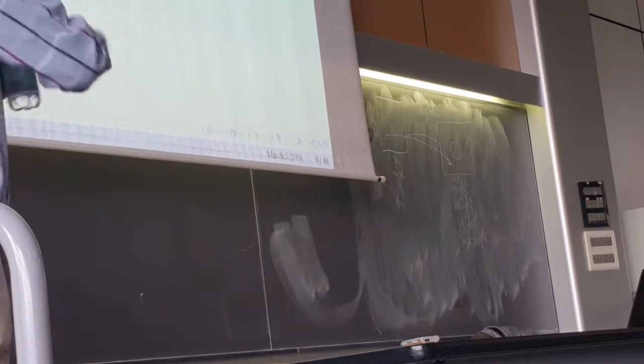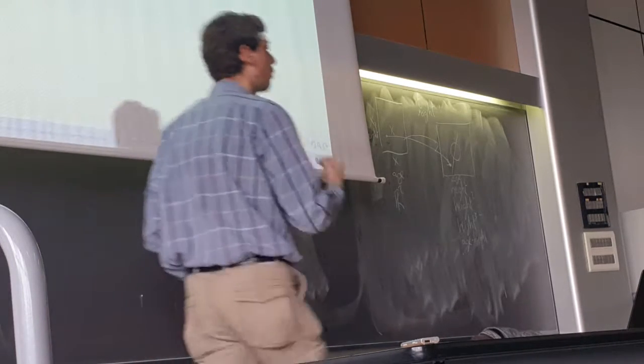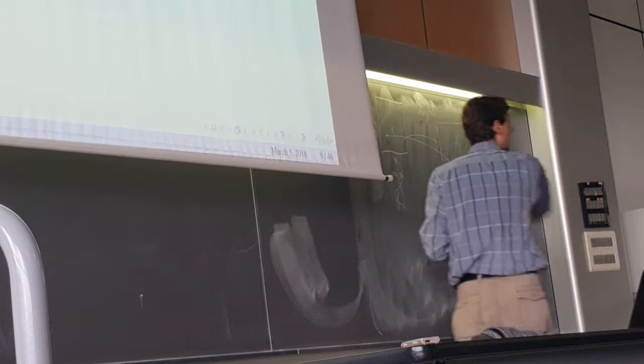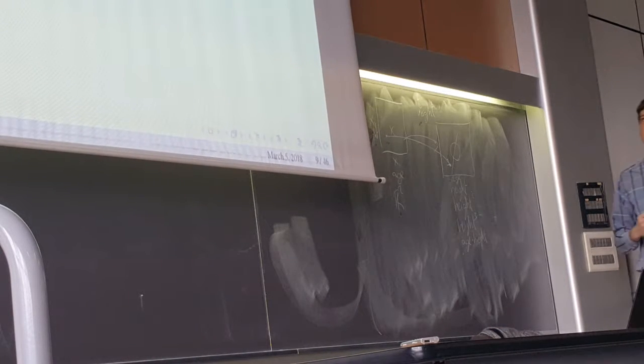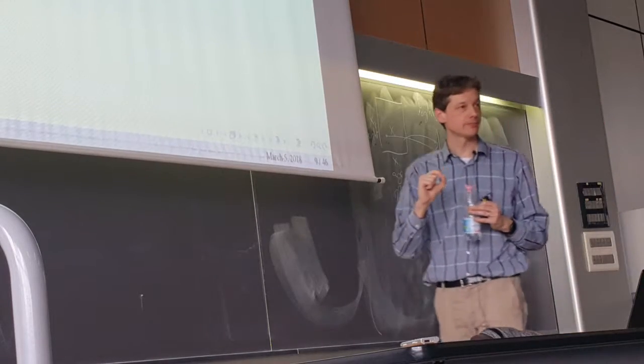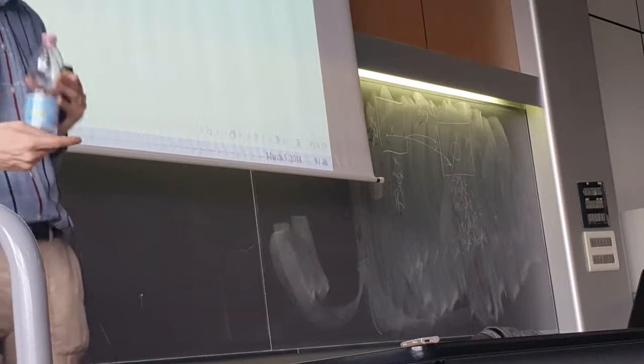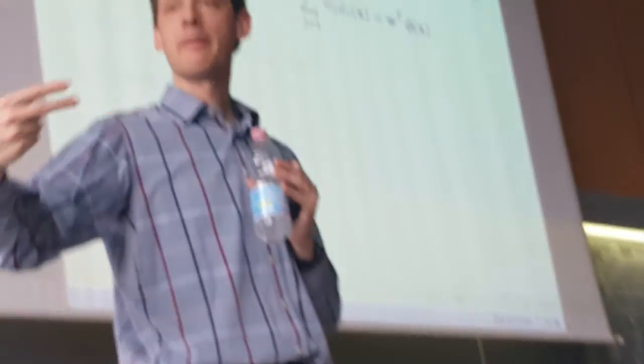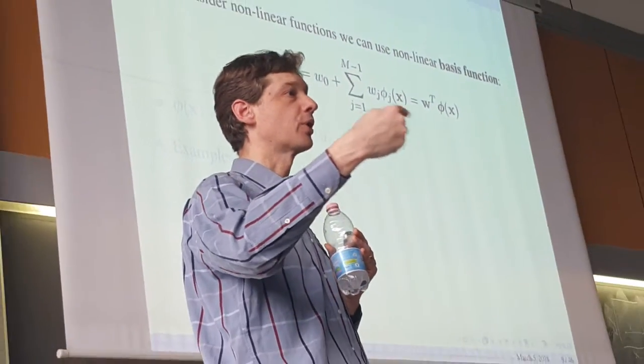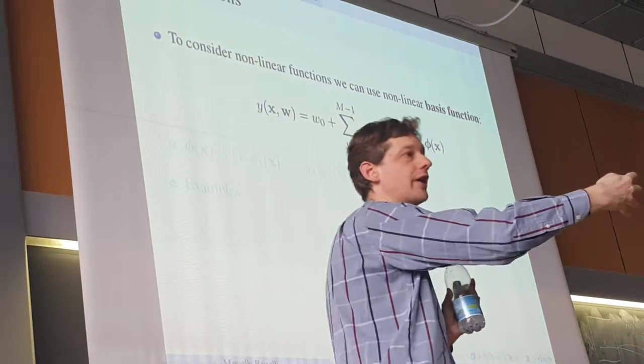So you want to build features that are related to what? To the target variable weight. So actually, phi is a function that takes, in this case, as input a 2-dimensional vector and produces as output a 5-dimensional vector.